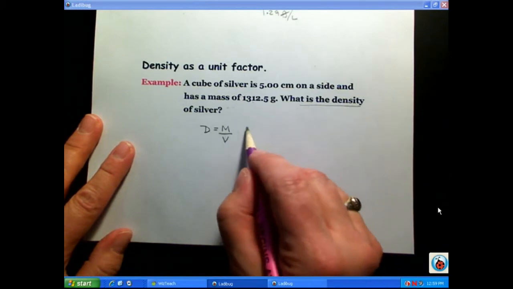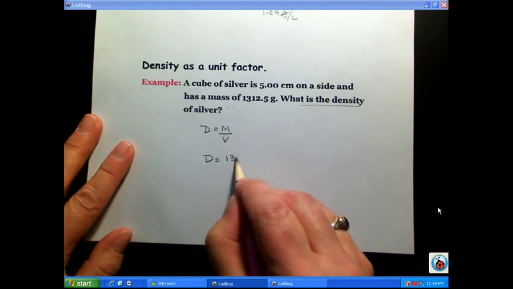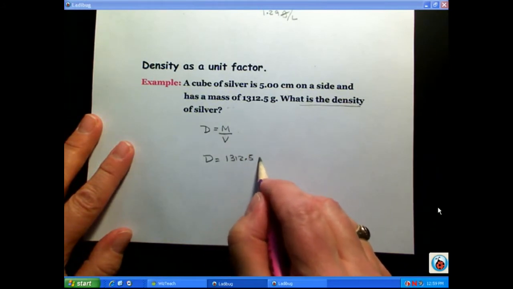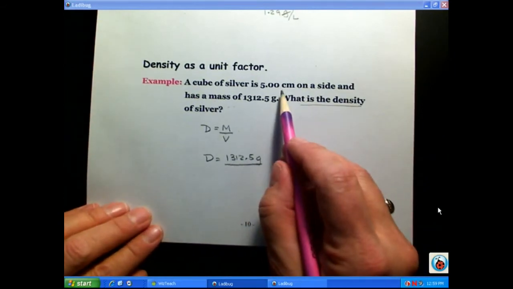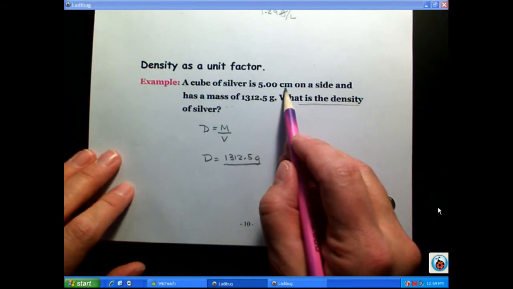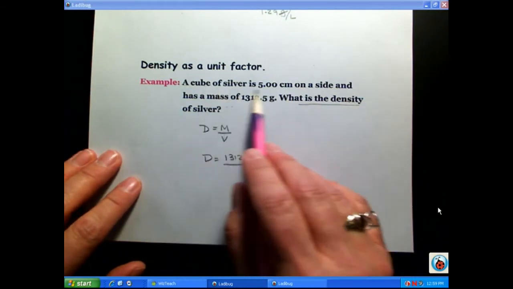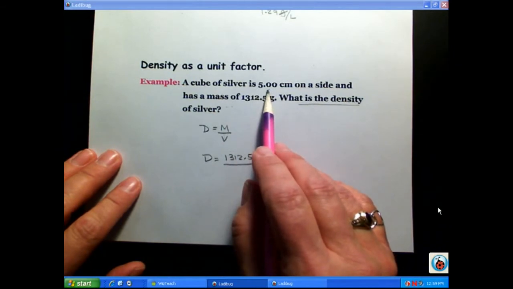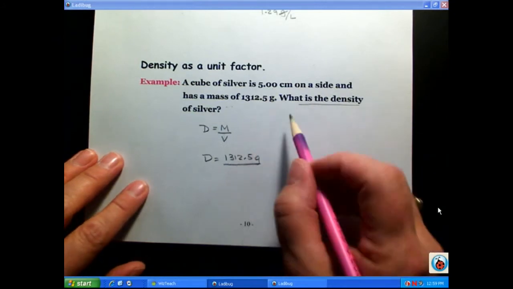The mass is 1,312.5 grams. Now our volume: centimeters is not a volume. Centimeters is a measure of length. But we have a cube here, and remember we can find the volume of one of these regular objects by multiplying the length times width times height.